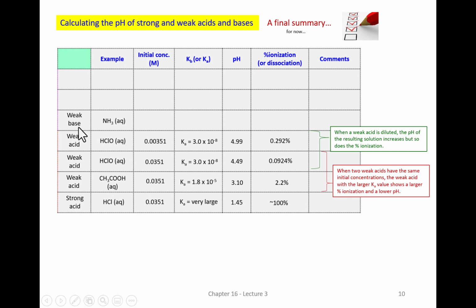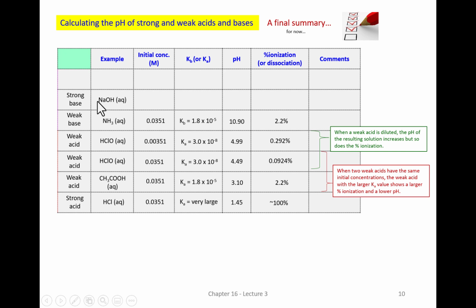Now we calculated the pH of the weak base. That was in part 1 of this lecture. Same concentration as the others, 0.0351. It had a Kb value that was coincidentally the same as the acetic acid, but it is a weak base, so it gives a basic pH, and it ionizes to the extent of about 2.2%.